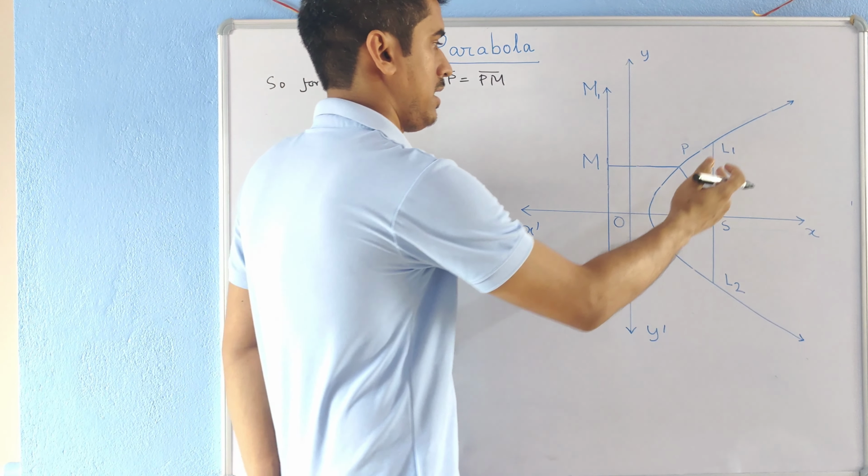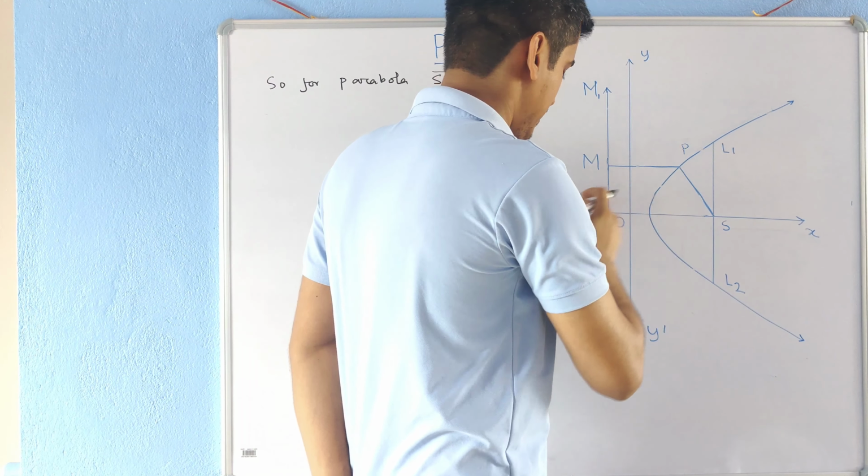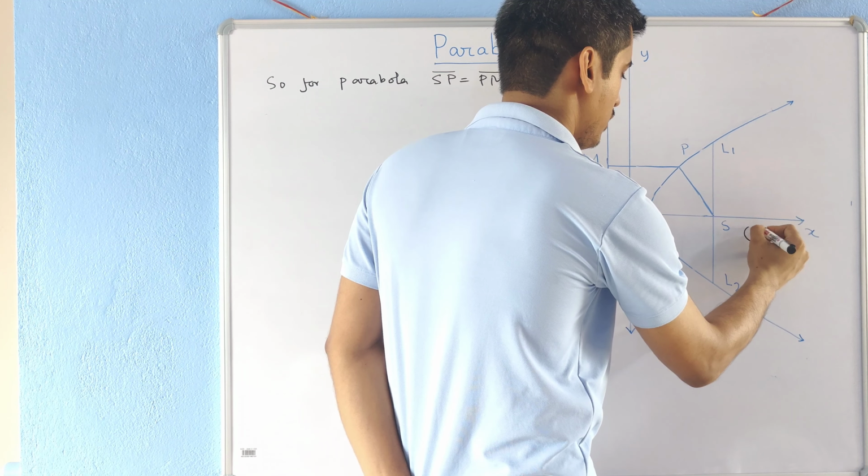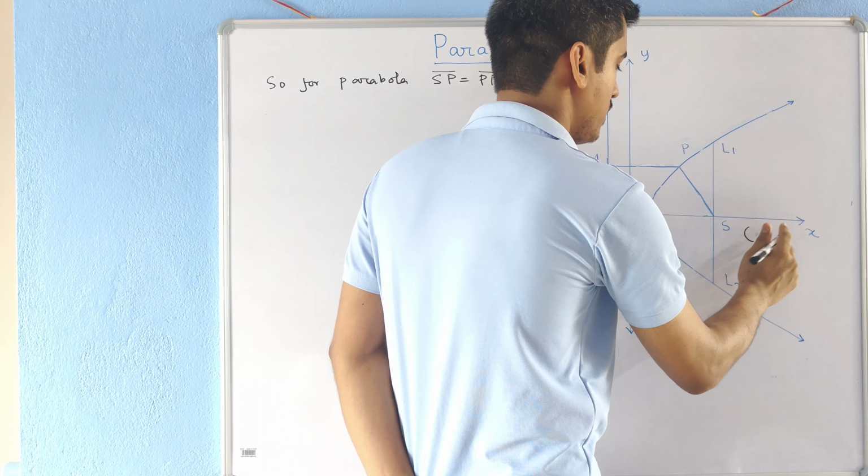Now, here this is the x-axis, this is the y-axis, and it is a parabola. Here P is any point on the parabola. The distance SP and PM is always equal. Here the fixed point S is called the focus.